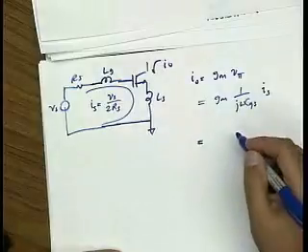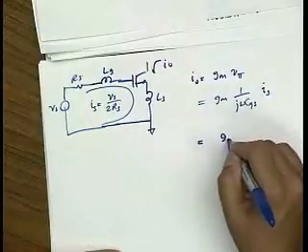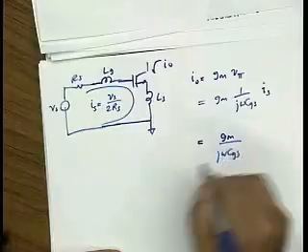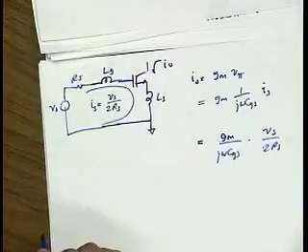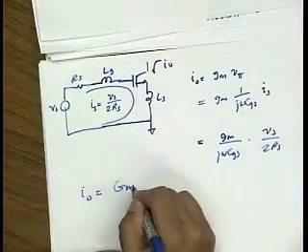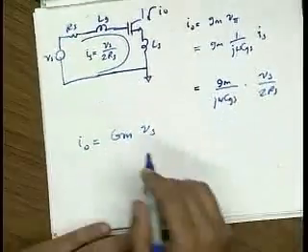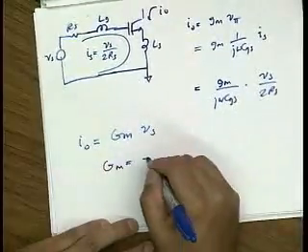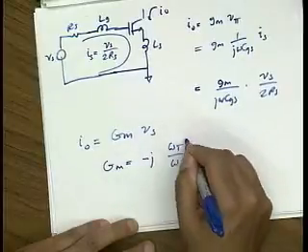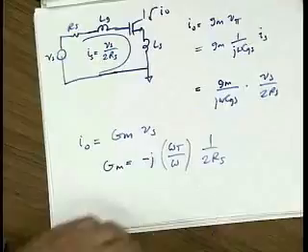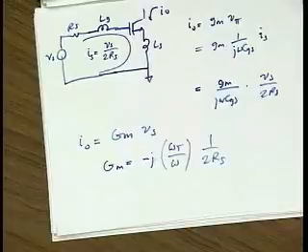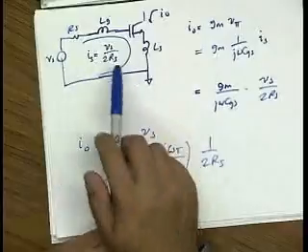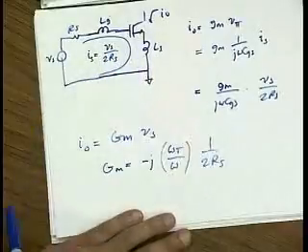So if I write Gm over j omega CGS times IS, and IS is VS over 2 RS, I can say that I out is capital GM times VS, where capital GM is simply minus j omega T over omega times 1 over 2 RS. Now this is useful because now any input noise voltages in this loop get output referred by GM squared.